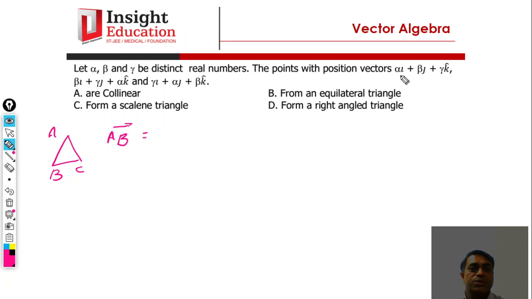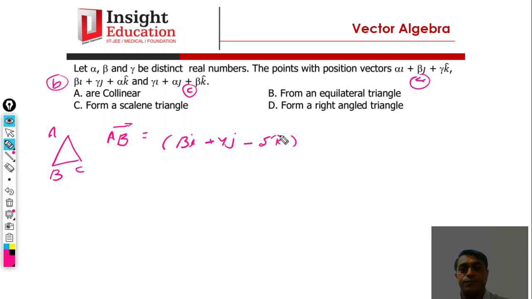Suppose this is the first position vector A, second B, and third C. So first AB is equal to B minus A. B is beta i plus gamma j plus alpha k, minus A, alpha i plus beta j plus gamma k.